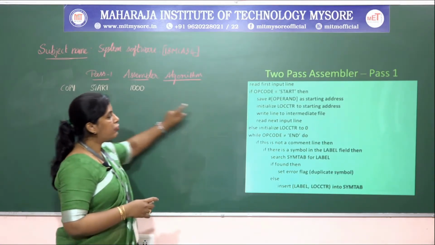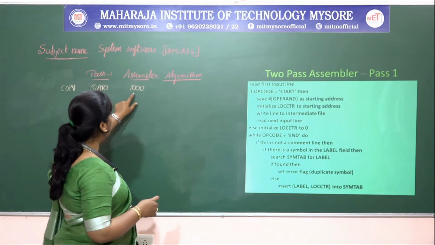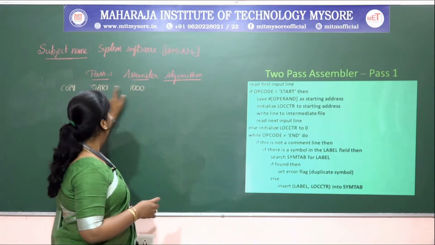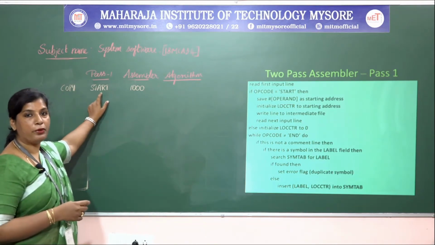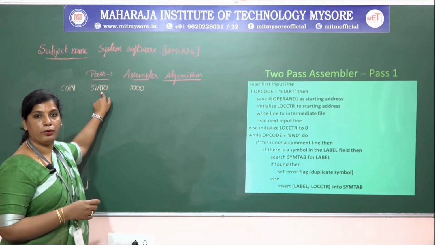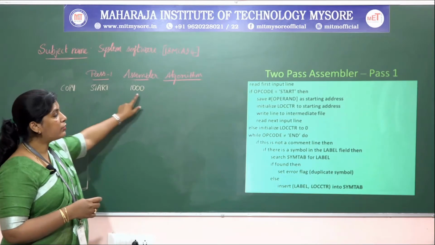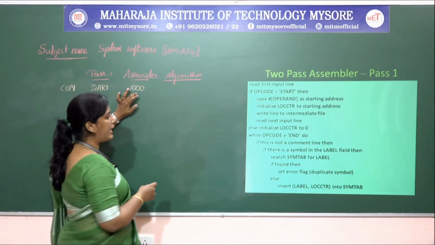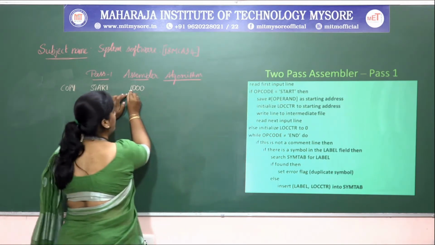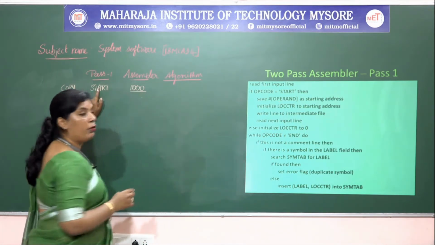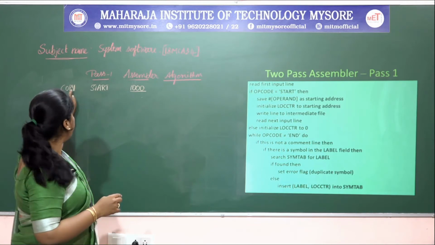After that, it directly gets to the opcode. If the opcode is equal to START, it is going to save the operand. This is the operand field, this is the mnemonic field, this is the label field.